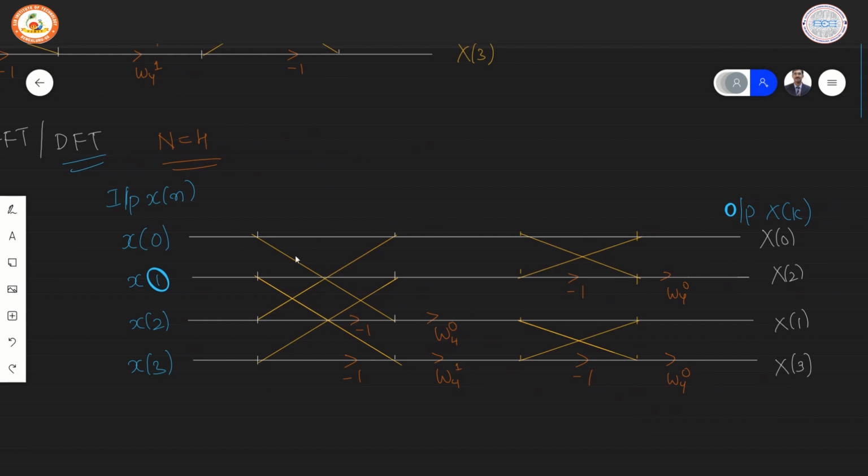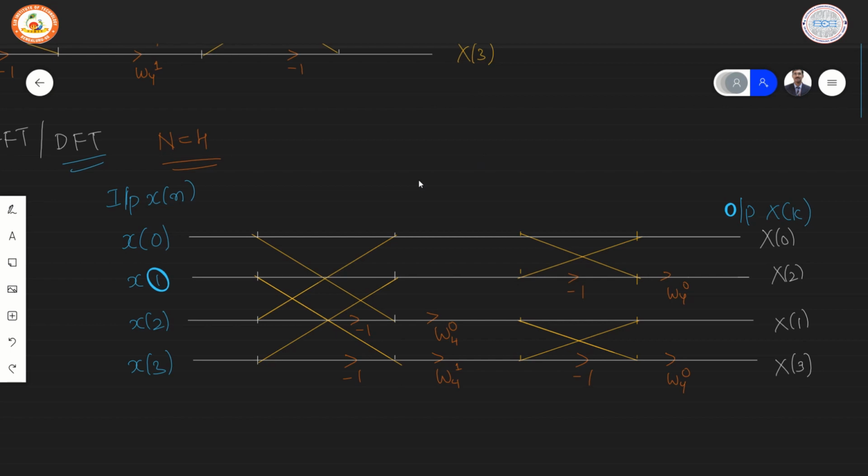The size of the butterfly is decreasing. Twiddle factor multiplication is after the butterfly. The inputs are applied in a sequential manner, and the answers are generated with a bit reverse index. So this is the structure called decimation in time FFT for DFT calculation for n is equal to 4.